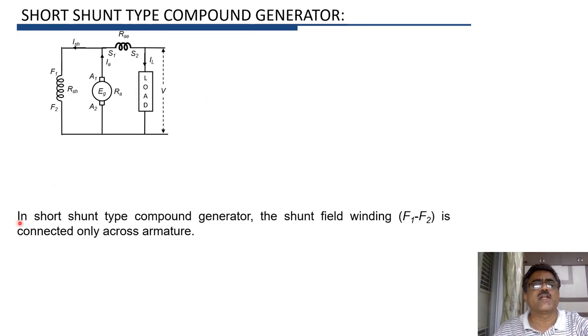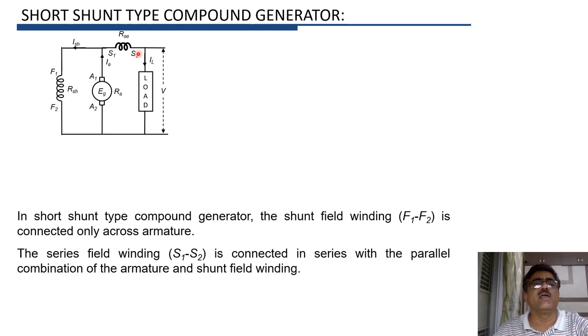In short shunt type compound generator, the shunt field winding F1, F2 is connected only across the armature A1, A2, and the series field winding S1, S2 is connected in series with this combination.